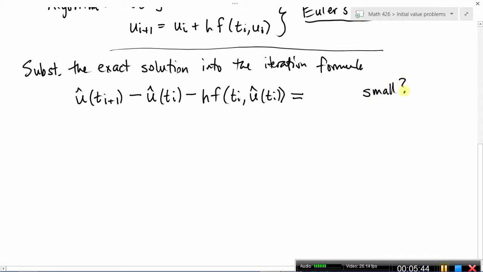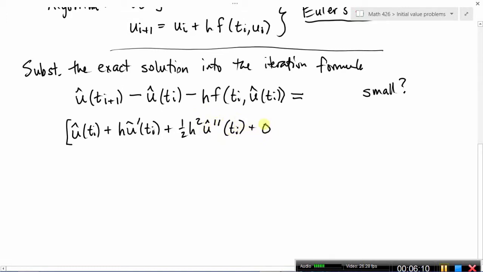All right, well, what does it equal? This is, by Taylor's theorem, and using the fact that ti plus 1 is ti plus h, then we get this stuff here.